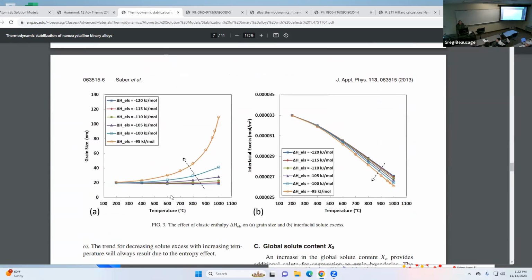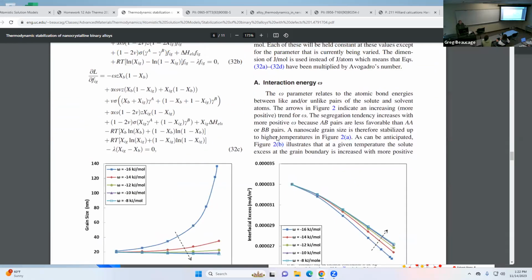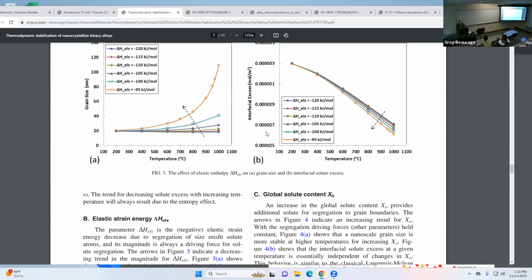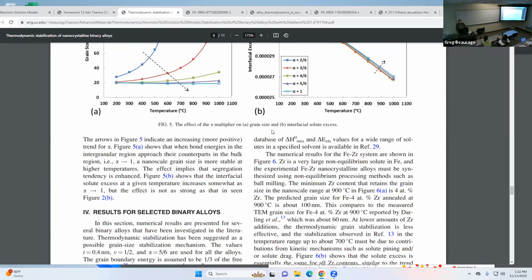And then the alpha part. Alpha means the energy's lower. So if alpha is smaller, let's see, the arrow direction is the direction of increasing alpha, I think. Figure 3. Let's see. No, we're looking at figure 5. Right? Figure 5.